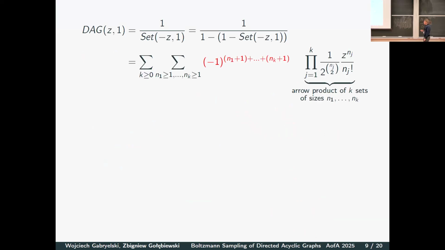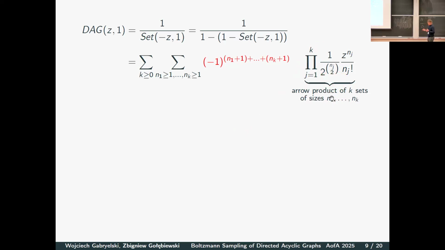So if we start with our DAG equation for a function for directed acyclic graphs, we can work with this formula and end up with such a formula, where we can see first of all that here we get a product of k sets of these disconnected sets of sizes n1 up to nk.